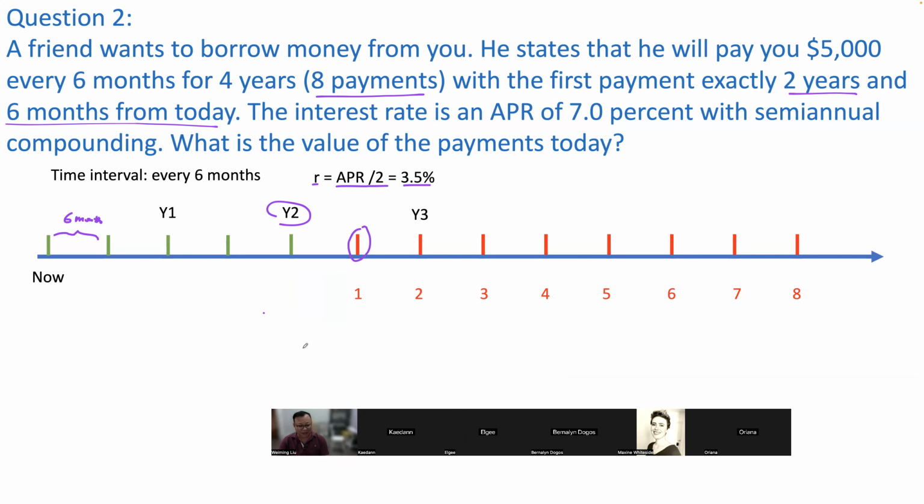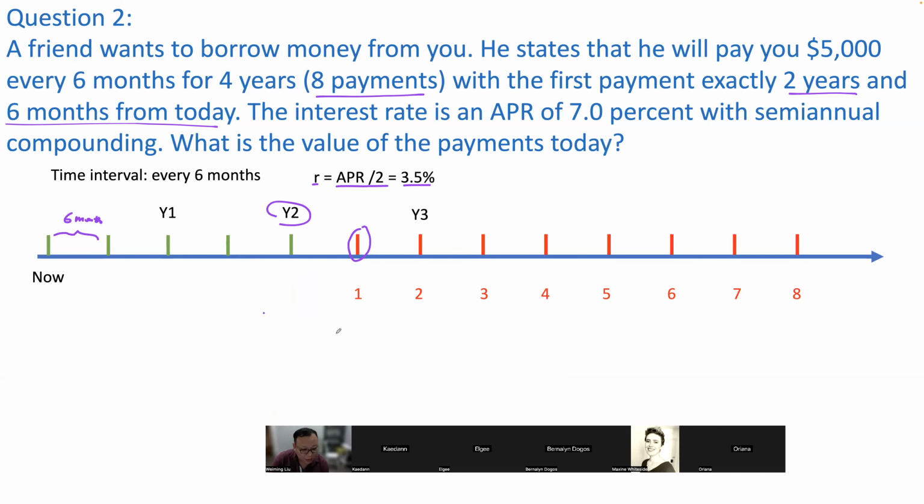So now let's solve this. What we could do is make a new ordinary annuity, right? What is an ordinary annuity? An ordinary annuity means you have a sequence of cash flows with equal payments, and the payment happens at the end of the period.